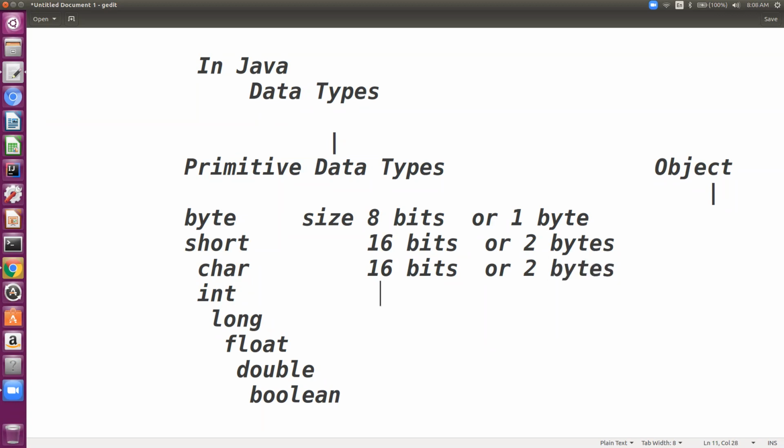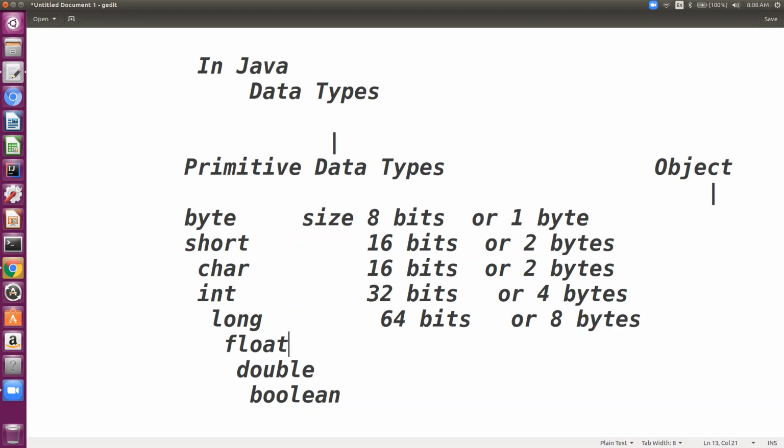Int? 32 bits. Correct. Long? 64 bits. Correct. Excellent. Float? 32 bits.